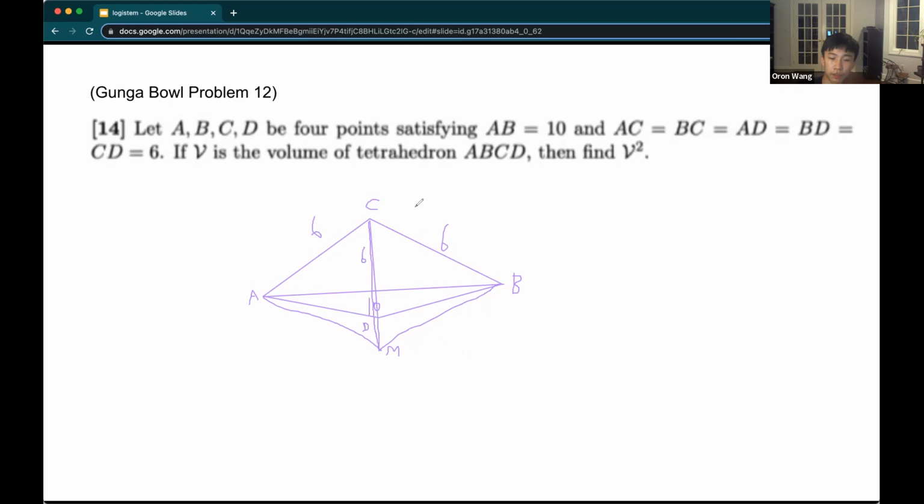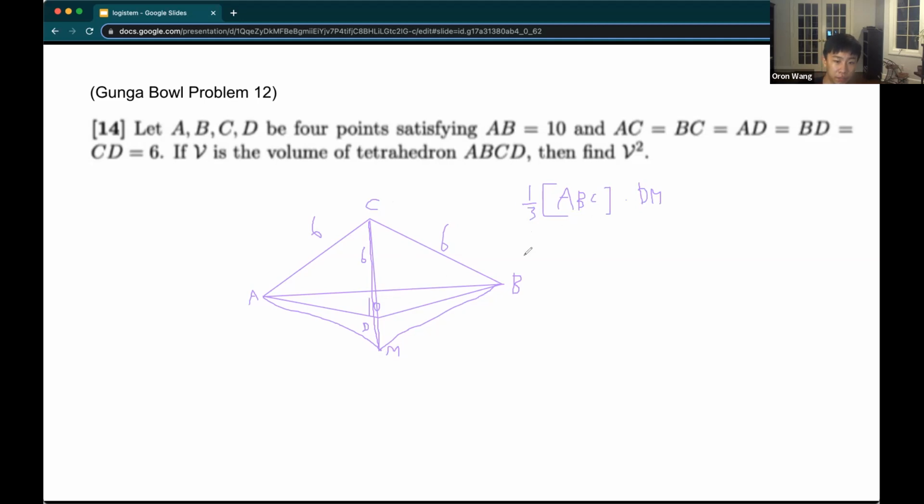And we do it by trying to find the base and height. We can calculate the base as the area of triangle ABC, and the height is just DM. What we're looking for is the volume, which is 1/3 times the area of ABC times DM.